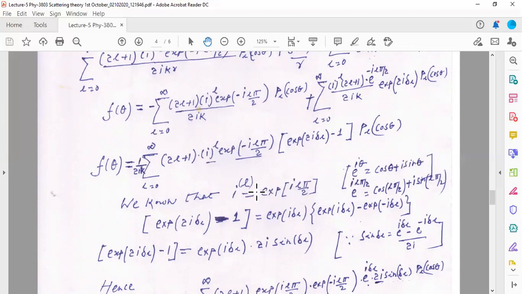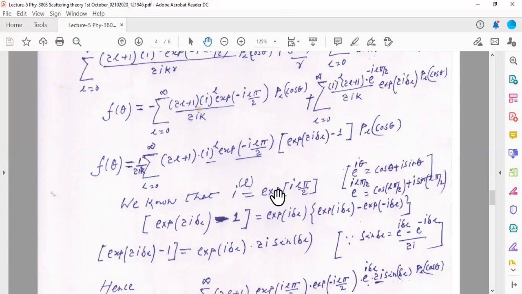Put l equal to 0, so i to the power of 0 is 1, and e to the power of 0 is 1. So e to the power of i l pi by 2, if you put l equal to 0, that is cos 0 plus i sin 0. Cos 0 is 1, sin 0 is 0, so it will be 1. So again you see, put l equal to 0, both the terms are equal.